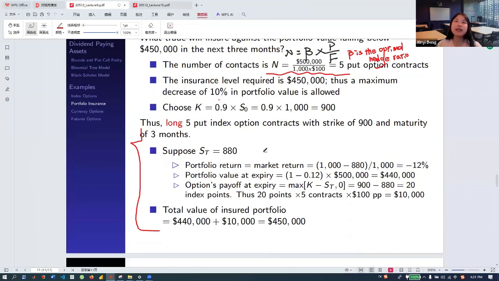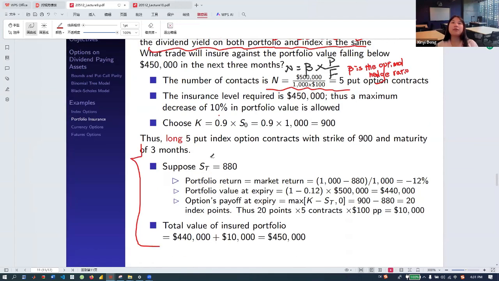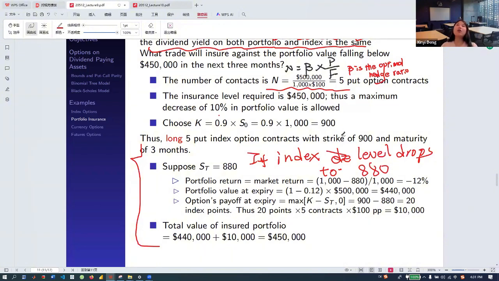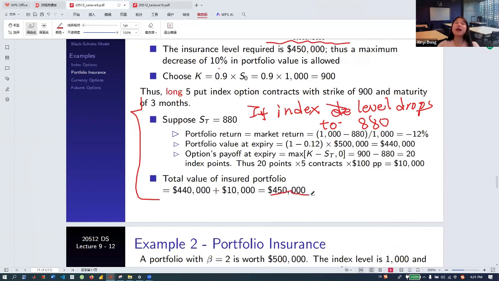It's just showing that if ST, the index level, drops to 880, how our hedging strategy is able to successfully lock in the portfolio value to be the exact value we desired.